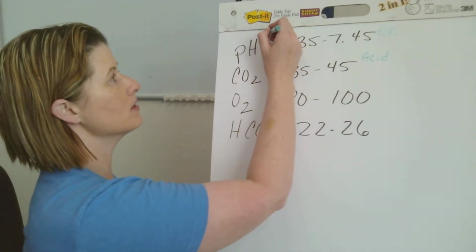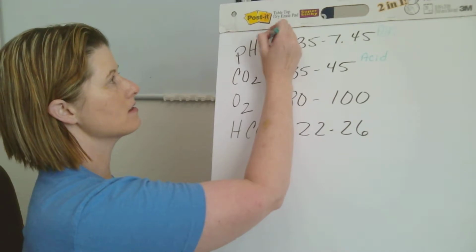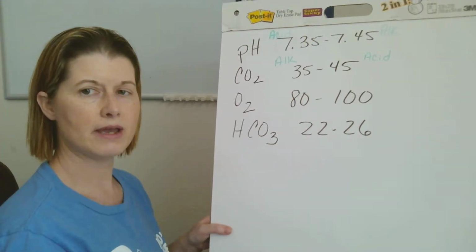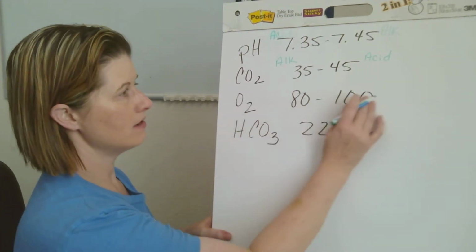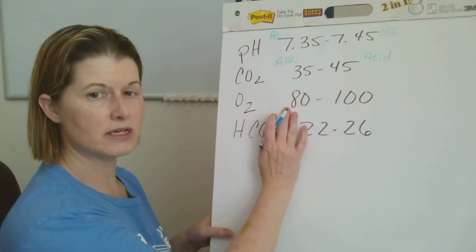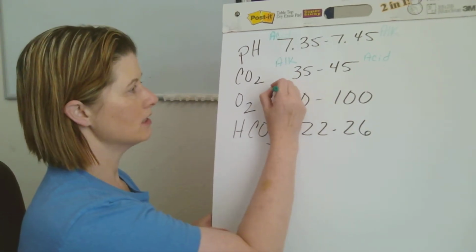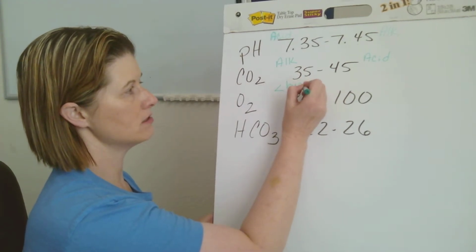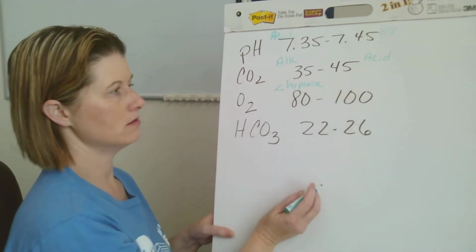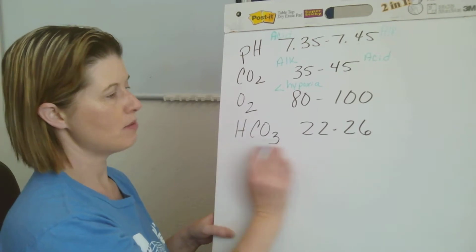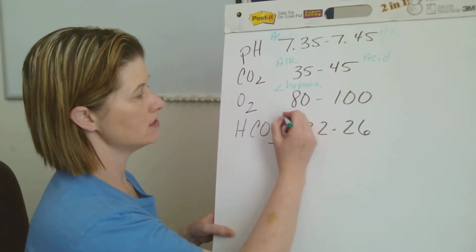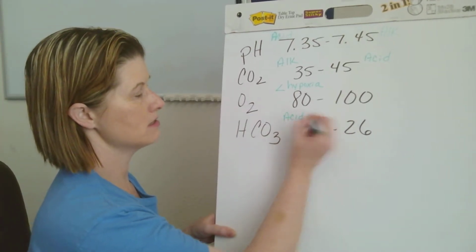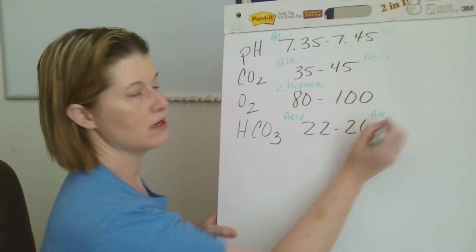I'm sorry, that's a little bit light. Let me see if I can. Okay? And then there's different levels of hypoxia, but pretty much less than this, we are lacking oxygen. Okay? And then bicarb, this is the acidotic side. This is the alkaline side.